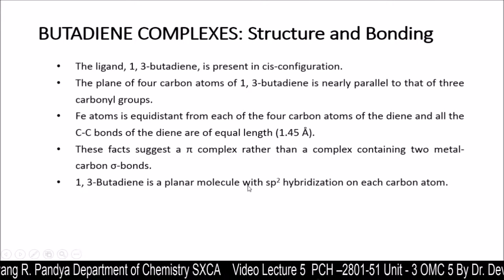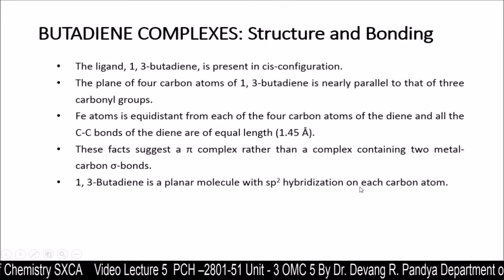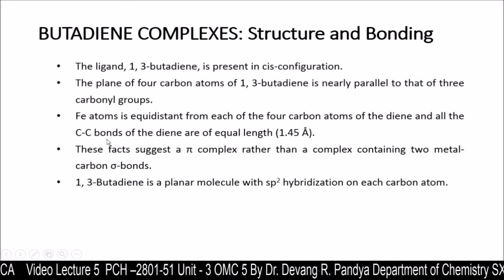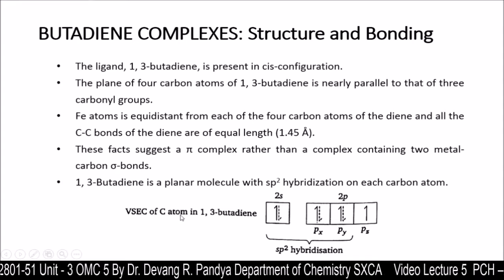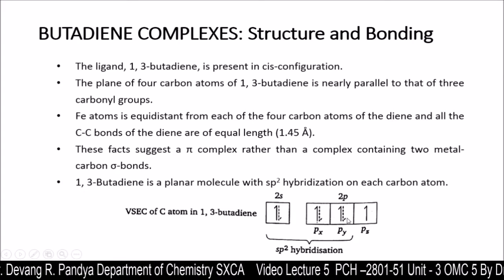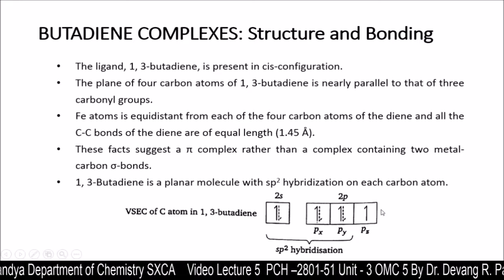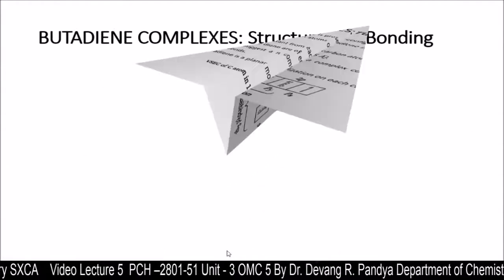1,3-butadiene is a planar molecule with sp2 hybridization on each carbon atom. So here we are discussing the bonding and structure of that compound. The valence shell electron configuration of the carbon atom in 1,3-butadiene is observed like this, and like allyl, it has one unpaired electron, and sp2 is the hybridization.